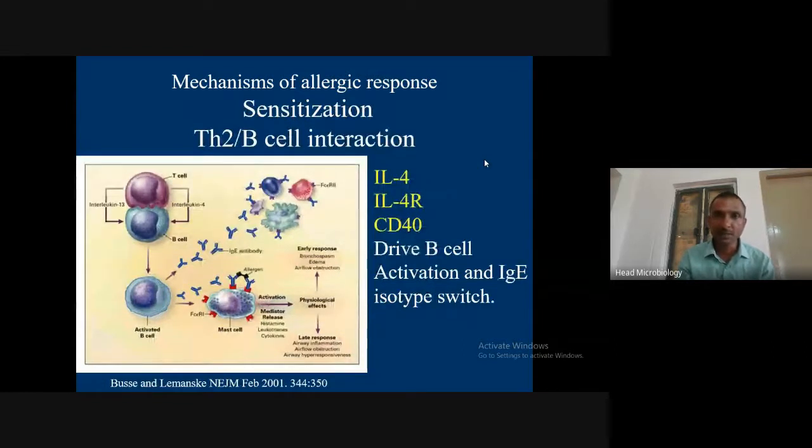Here is the mechanism of allergic response. Different interleukins are there. When interleukins 4 and 13 are activated, the B cells are activated, and the B cells in turn activate the mast cells, with surface-bound IgE and activation of the mediator release.